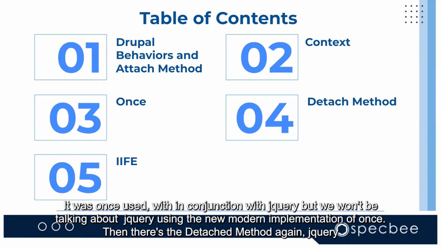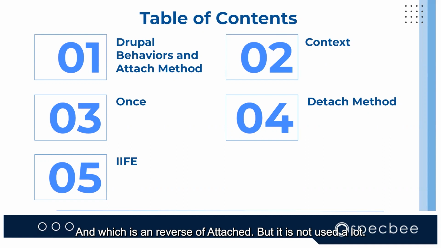Then there's the detach method. Again, it's an object, not a method. The detach object is like the reverse of attach. It is not used a lot, but it is used for some important cleanup functionalities.